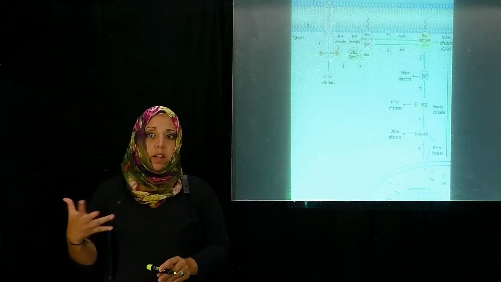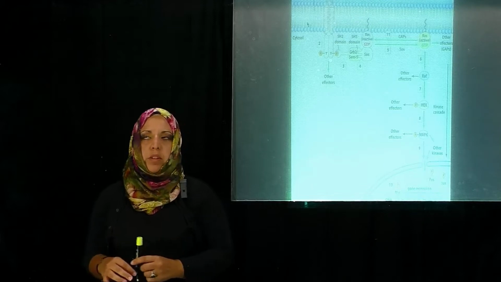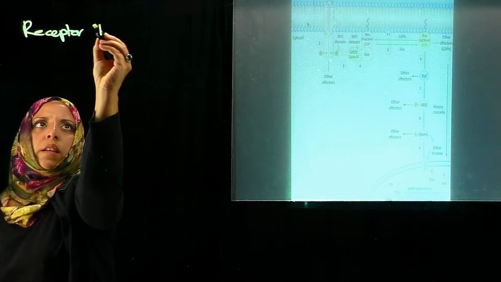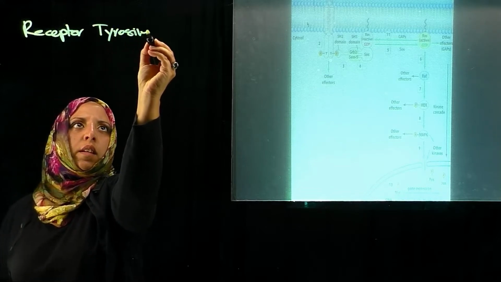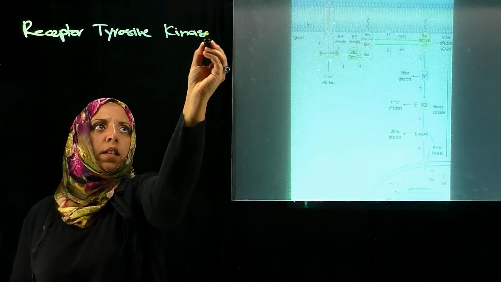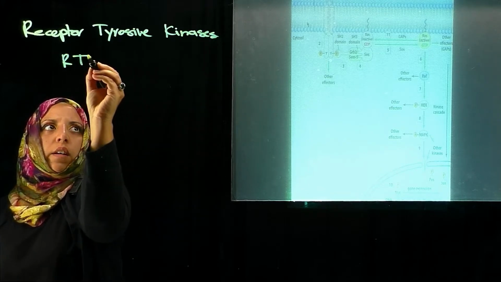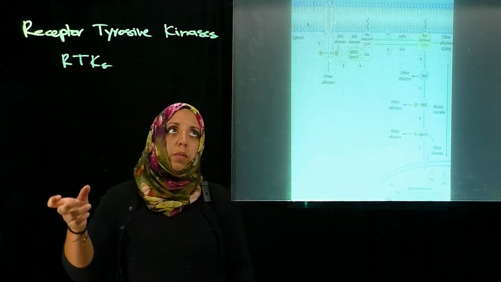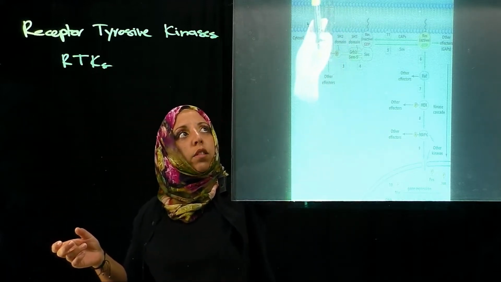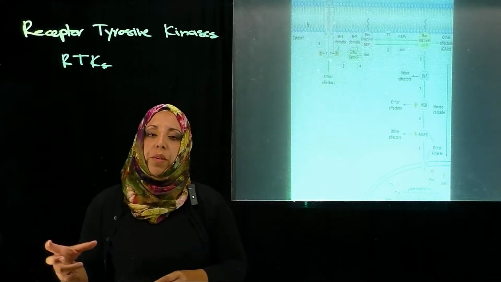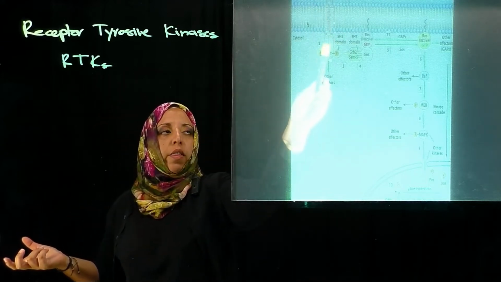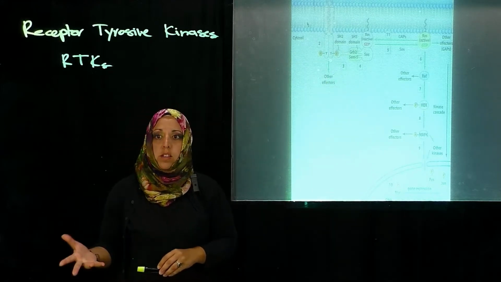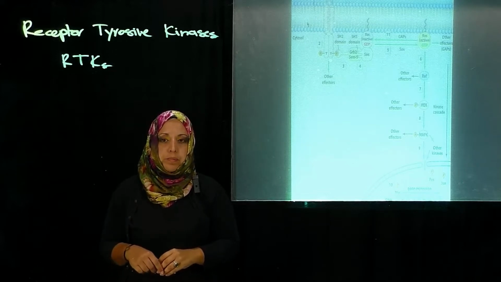Alrighty, hello everybody. In our last video, we talked about receptor tyrosine kinases, known as RTKs. And we saw how upon the ligand binding to the receptor in its extracellular domain, that will trigger dimerization of the receptor, and then that will trigger the autophosphorylation of tyrosine residues within its cytosolic domain.